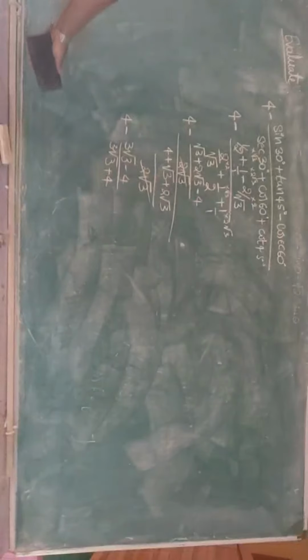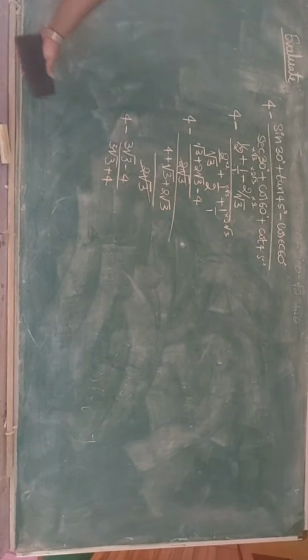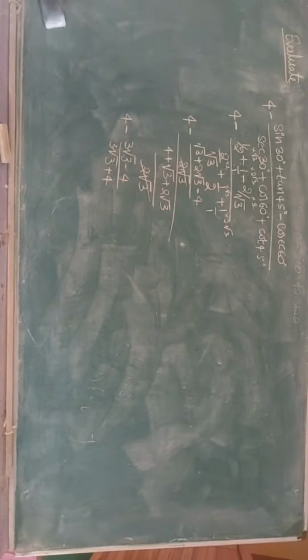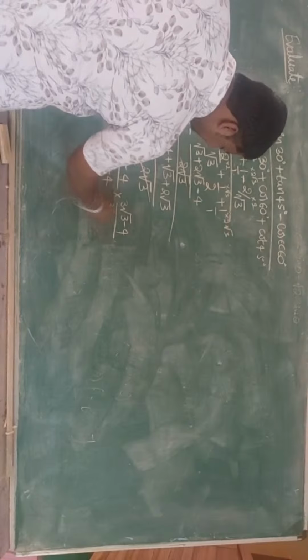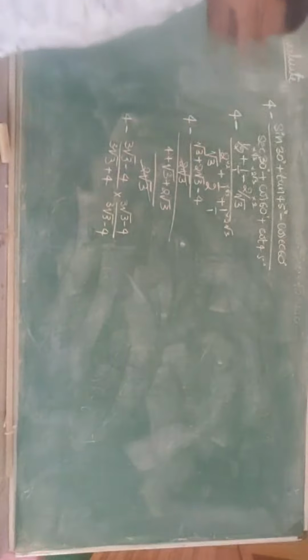So what's the next step? Rationalizing the denominator. What is the rationalizing factor? 3 root 3 minus 4. So divide and multiply by 3 root 3 minus 4.